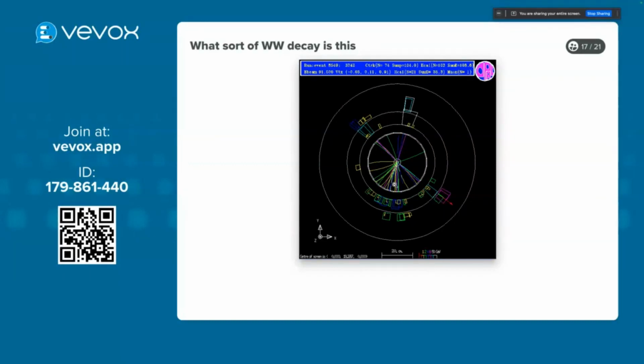So if you have a double hadronic event, then it should more or less look like four objects going in different directions, although sometimes it's hard to tell because they overlap with each other. Whereas in the case of a mixed one involving a tau, there would probably be more like three prongs to the event rather than four.